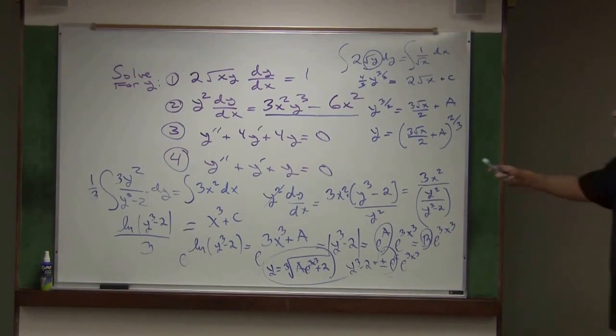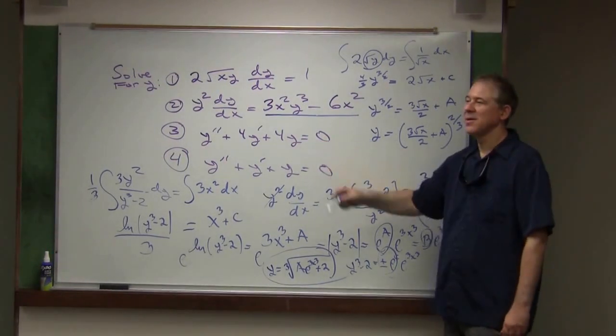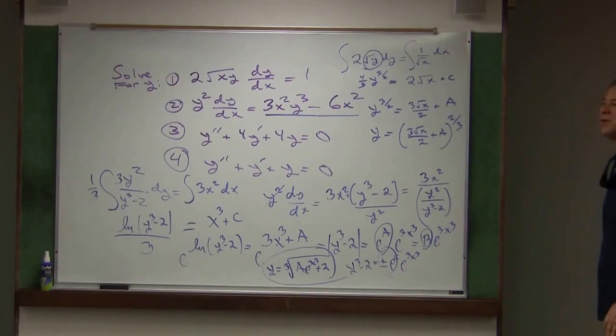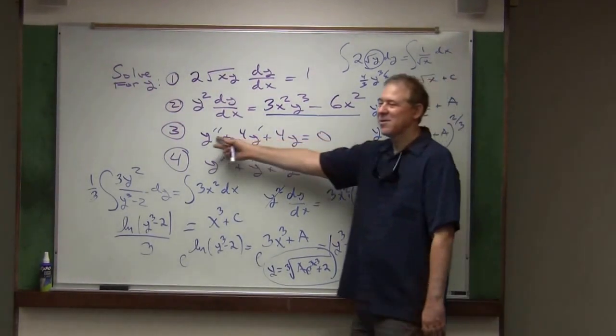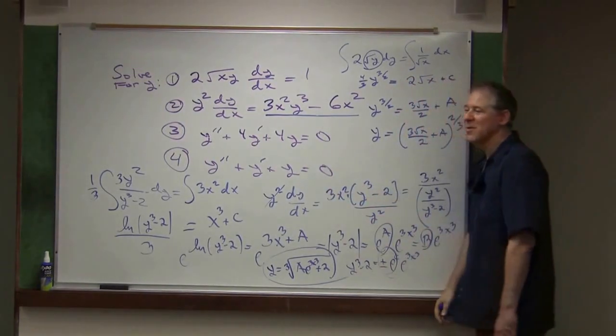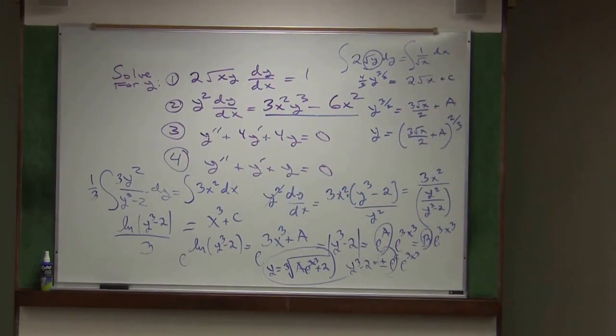Now what about these last two? What's this one? What's the root? 2? Whoa, what? Yeah, what's the root of that quadratic equation we come up with for the trick?